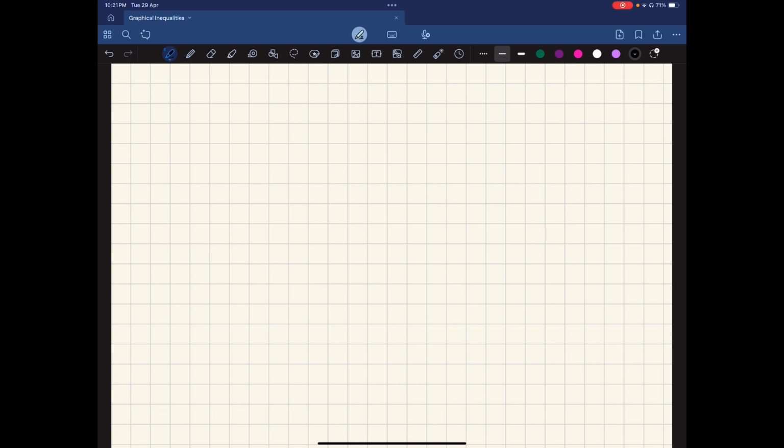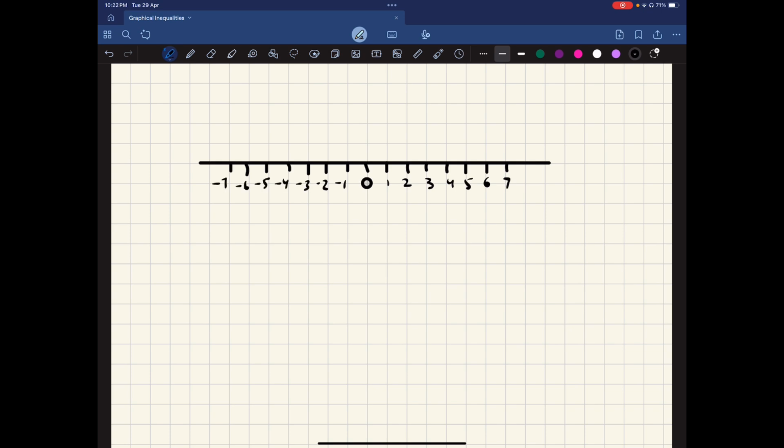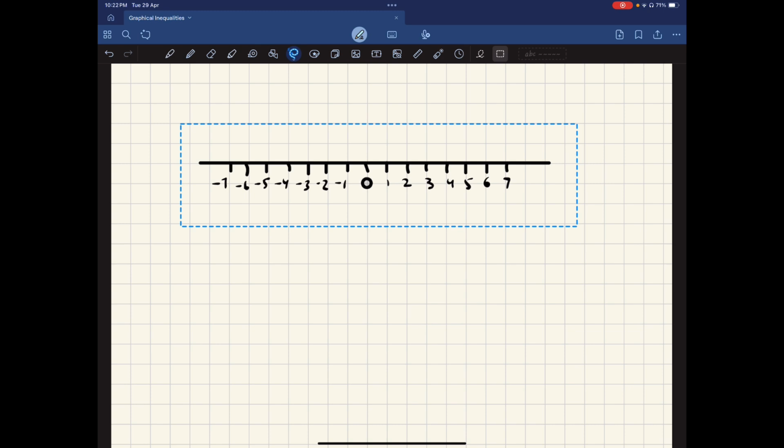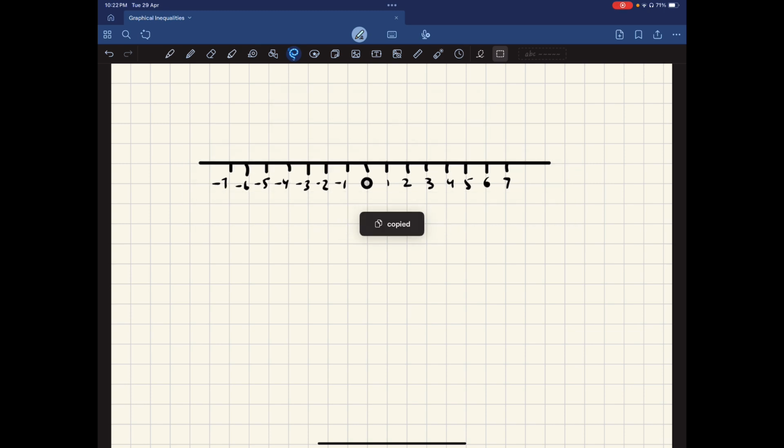Okay, so this is the number line, and we have 0, 1, 2, 3, 4, 5, 6, 7.